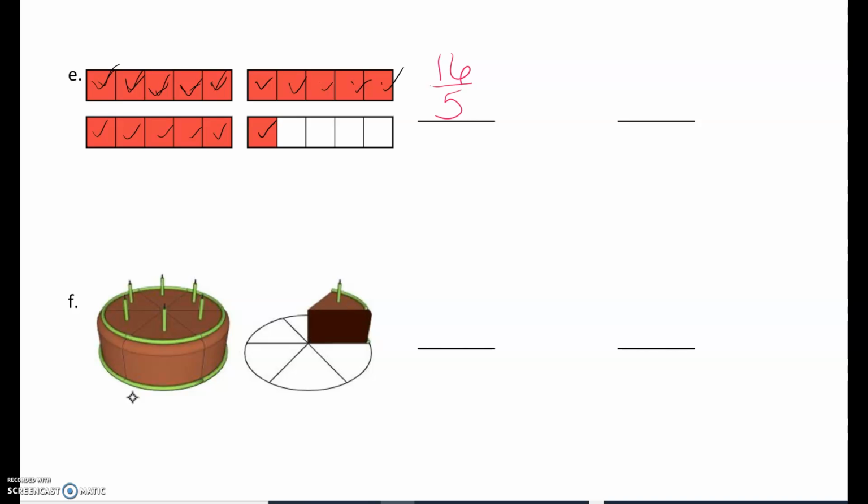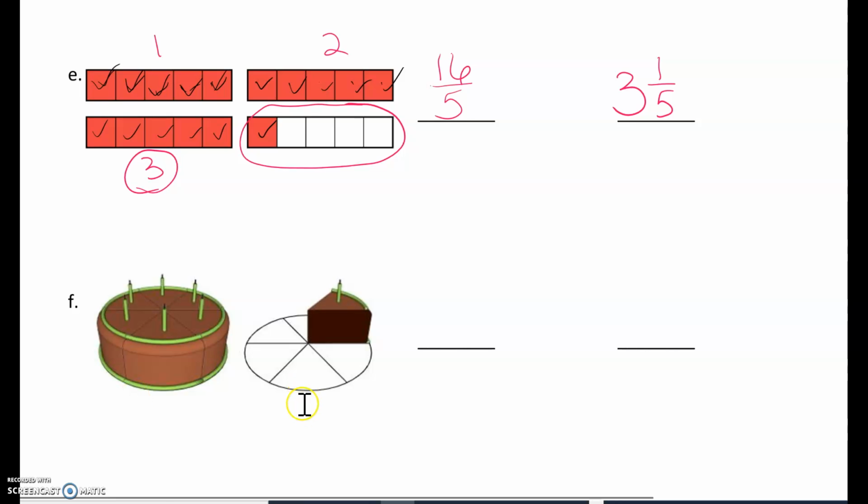Now, how many whole numbers do I have? Well, I have 1 here, 2, and 3 that are all shaded in. So I have 3 wholes. And then when I look at this, I have 1 out of 5 left over. So that would be my mixed number.